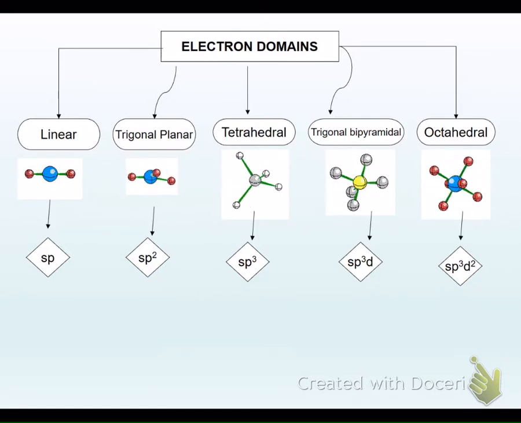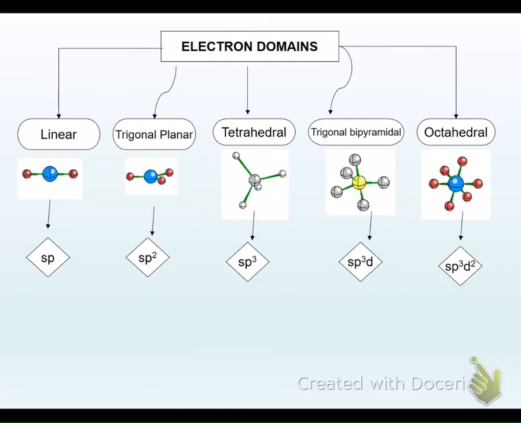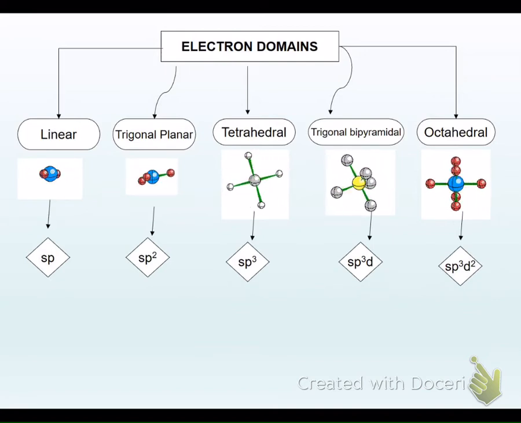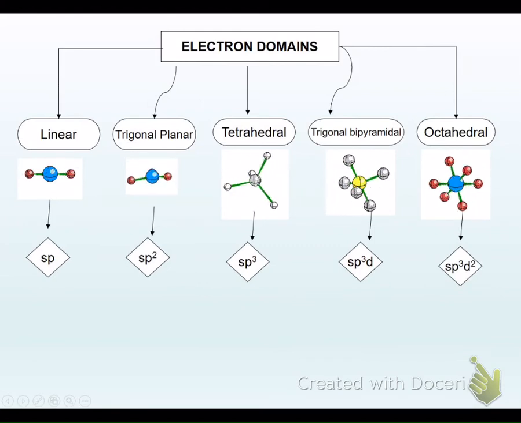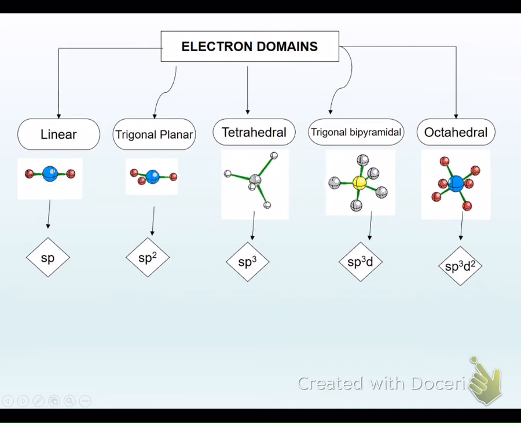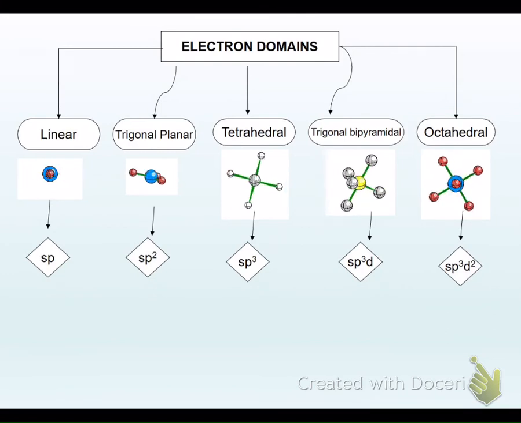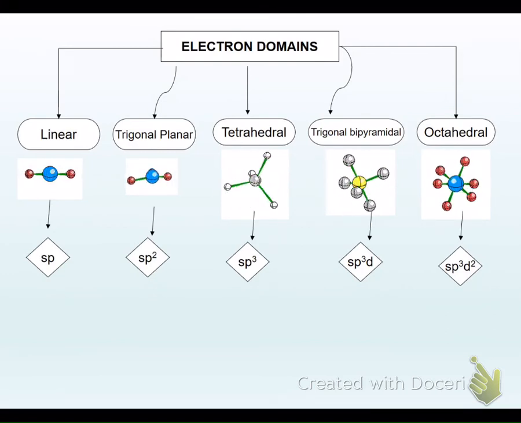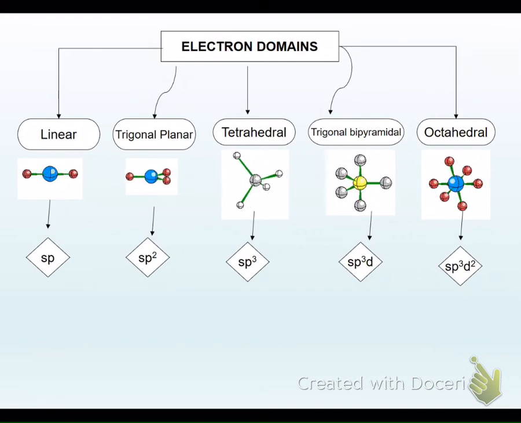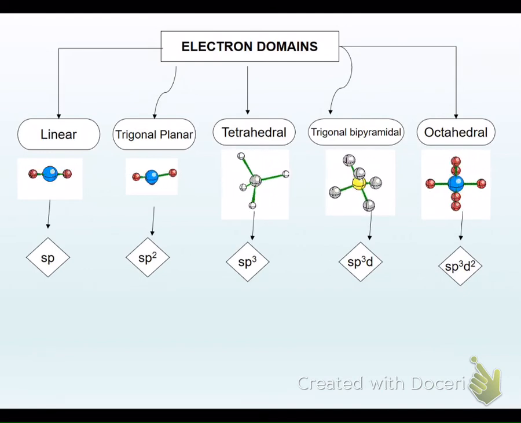Each of the electron domains that we just learned has a very specific hybridization that will always be assigned to that shape. For linear, it will always be sp. Trigonal planar will always be sp2, tetrahedral is always sp3, and then so on. So for memorization purposes, that's all you need to know. As I teach you about hybridization in the upcoming lessons, you'll understand what the s and the p's and the d's mean. But for now, just know that each domain has its own hybridization scheme.